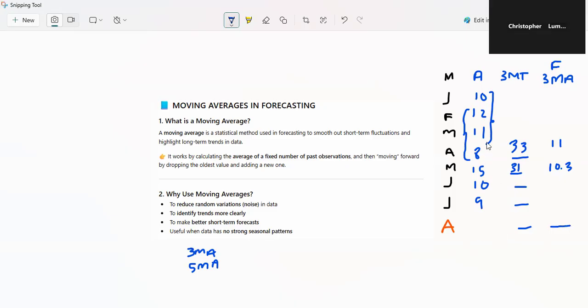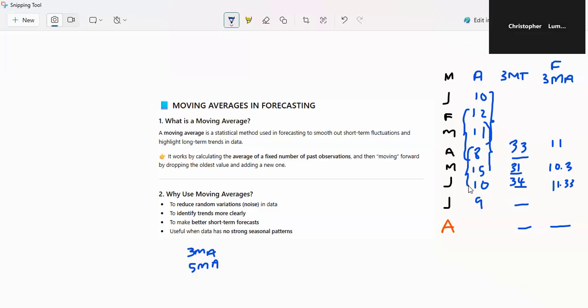We'll continue here. Now we start from 11. 11 plus 8 plus 15, that is 34. So 34 divided by 3, you get 11.33. And now we start from 8.